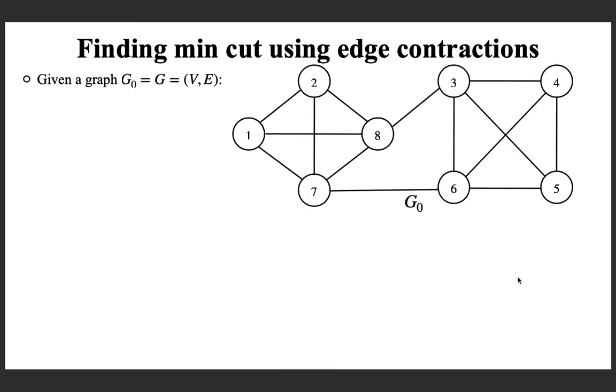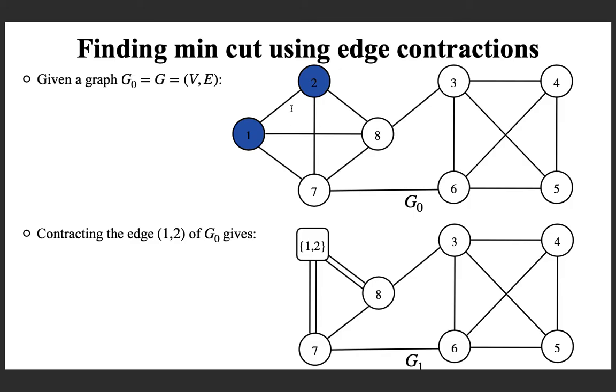This is the example graph G0. So what you have to do is a sequence of n minus 2 edge contractions. So here there are 8 vertices. So 6 edge contractions will give us a graph with only 2 vertices, and there you can get a cut.